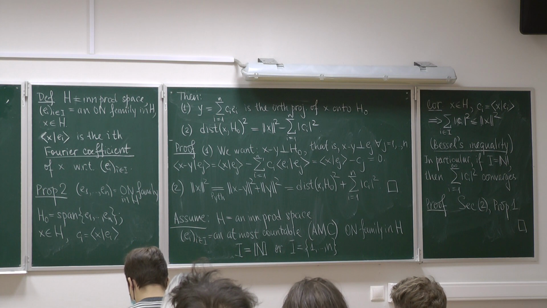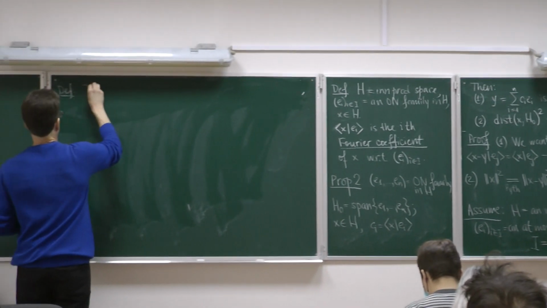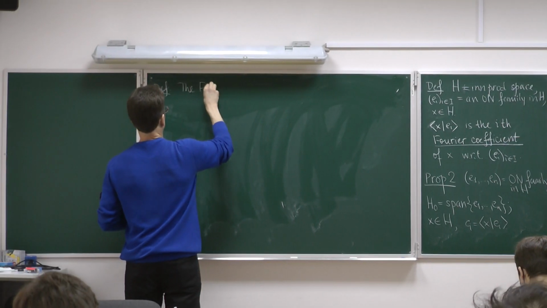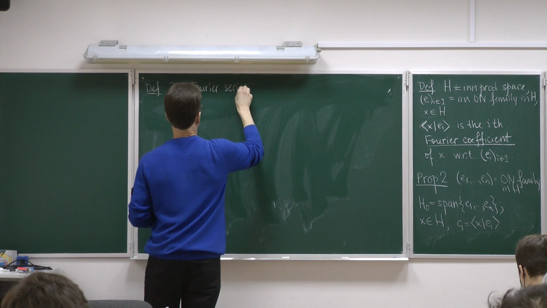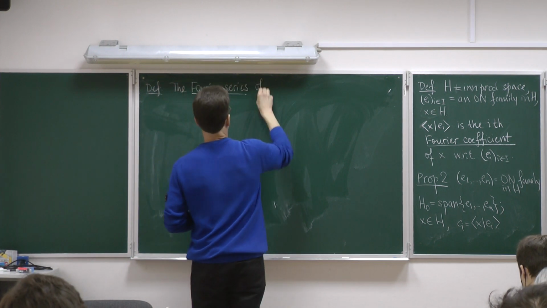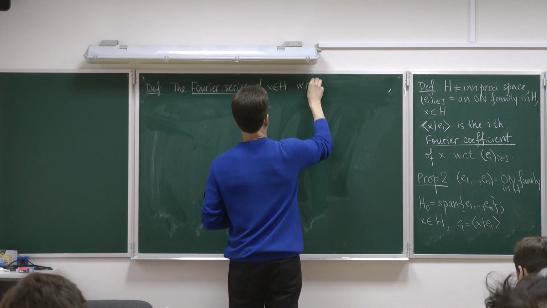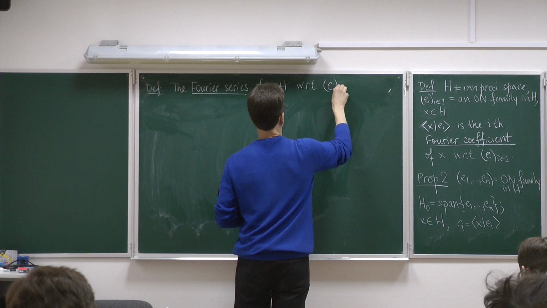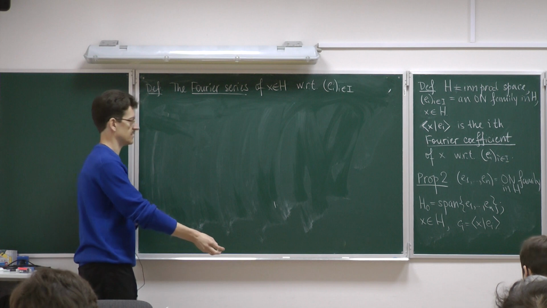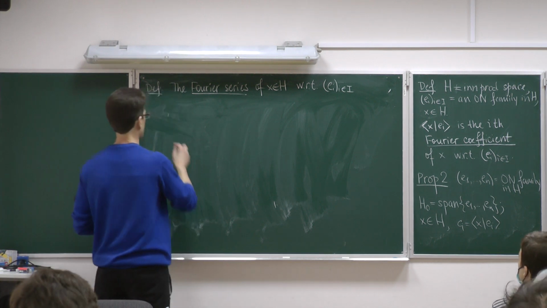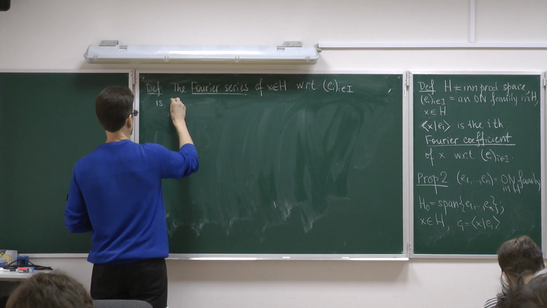Okay, we now give the following definition. The Fourier series of an element X in H with respect to our orthonormal family, which is, as before, assumed to be at most countable, is the following formal expression.